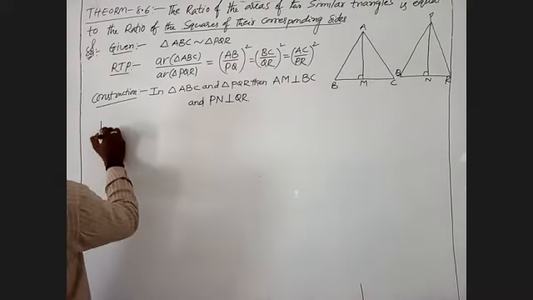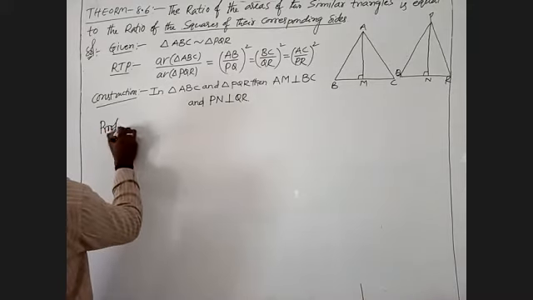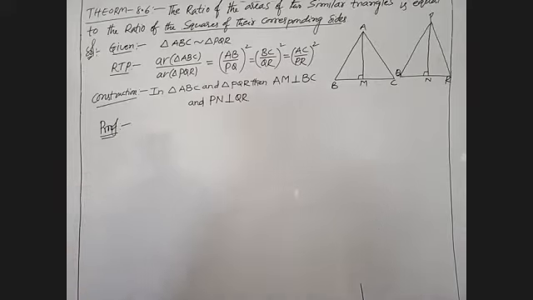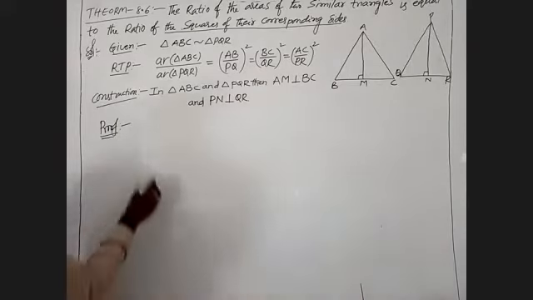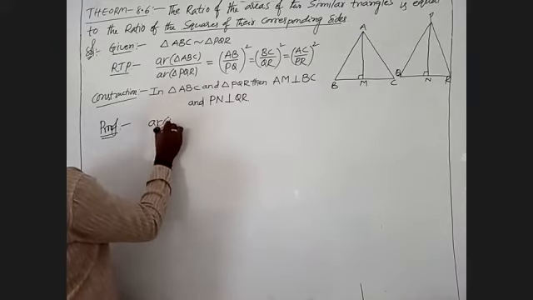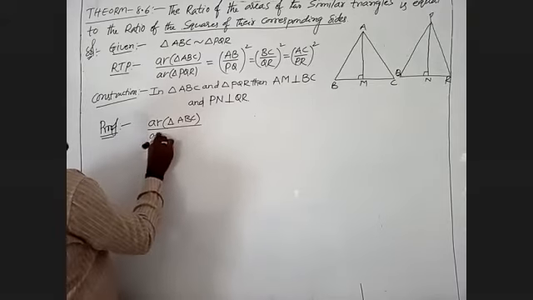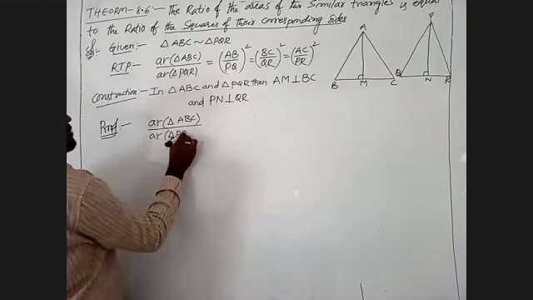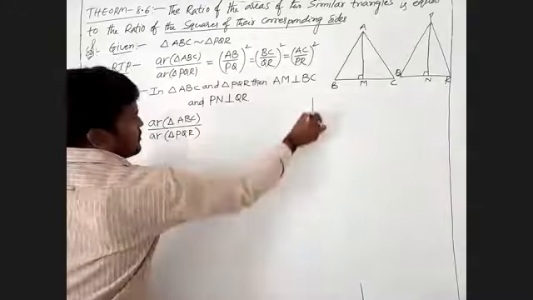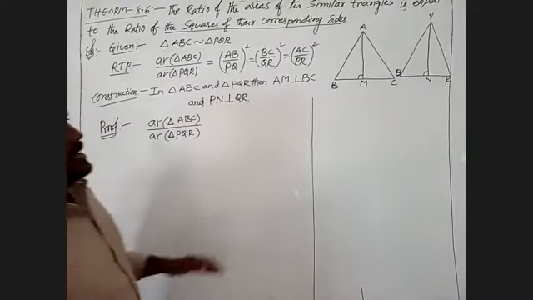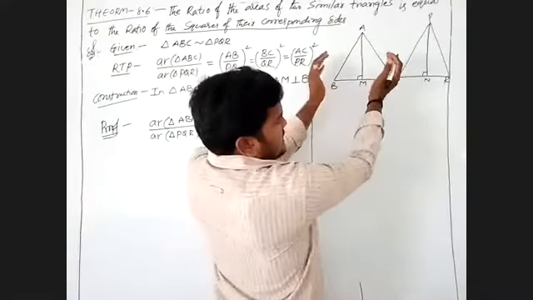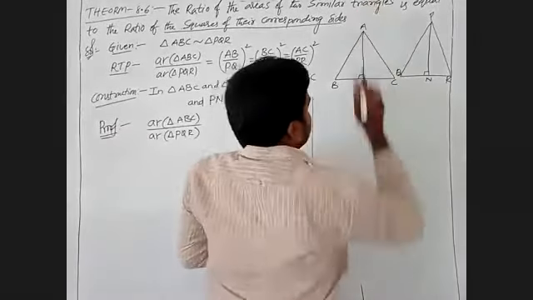Now I am going to the proof. First, I will take area of triangle ABC by area of triangle PQR. The area of a triangle is half into base into height.